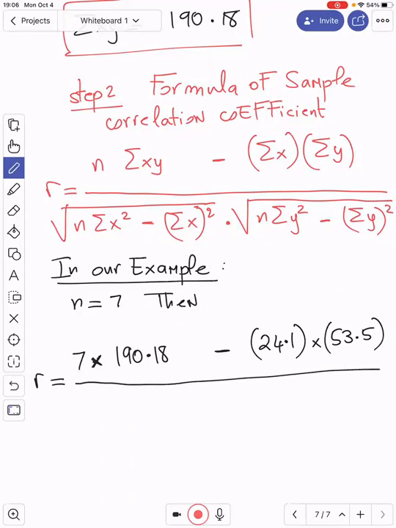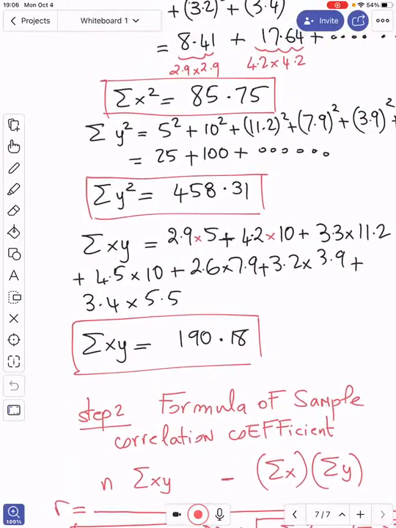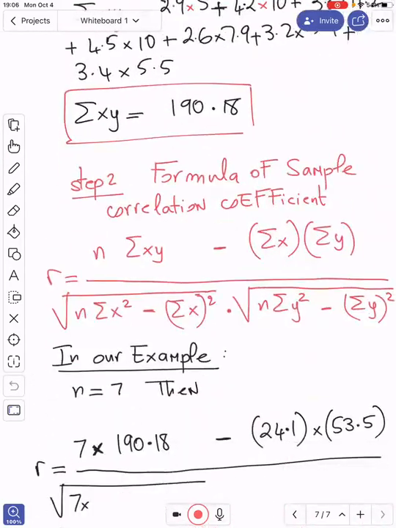And then we have 2 square roots. First, the square root of N, again 7, times the sum of the X squared. We said this sum of X squared is 85.75, I think. Yes, it's 85.75.